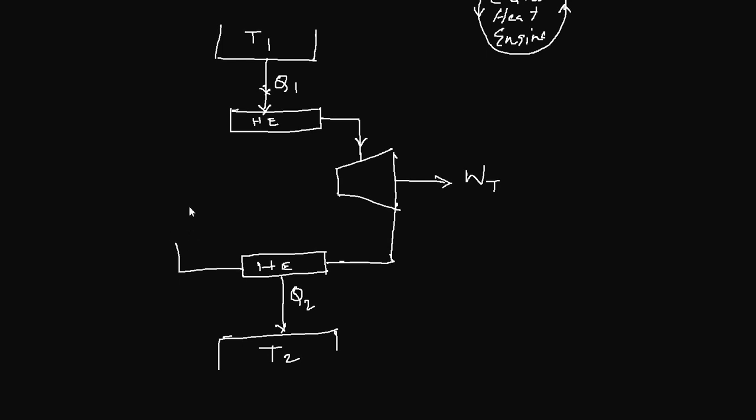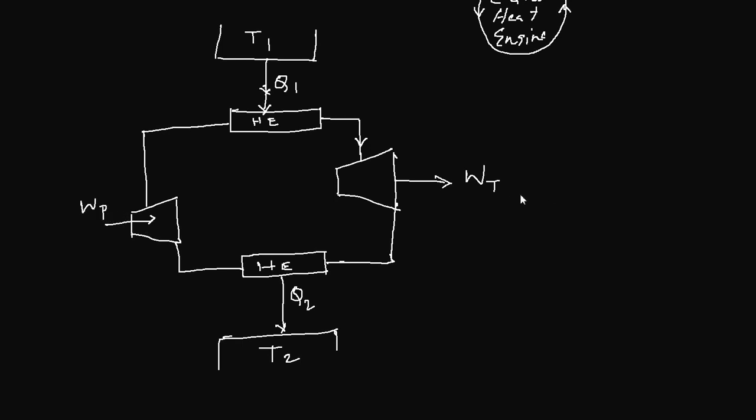Now the rejected working fluid will be pumped back. So you will have a pump here, and the working fluid will be pumped back into the top high temperature heat exchanger, and here you will need to provide a pump work.